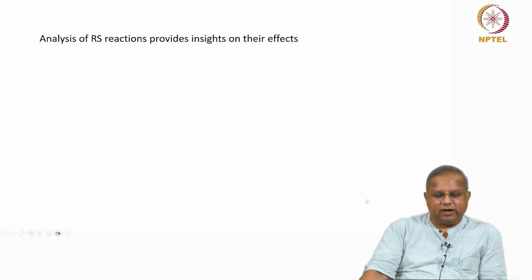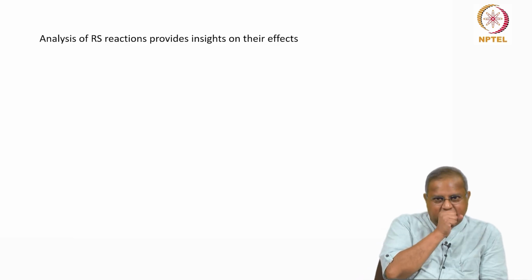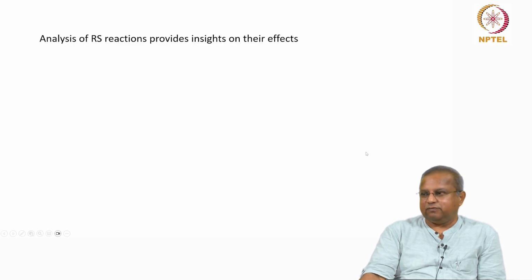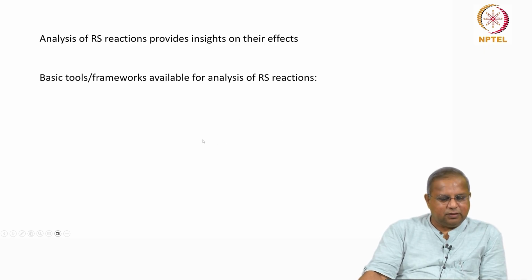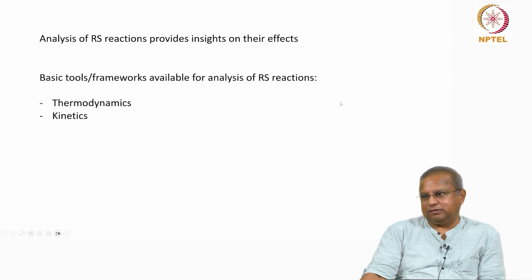Analysis of reactive species reactions provides insights on their effects, how fast and how vigorous they are and so on. The basic tools and frameworks available for analysis of reactive species reactions are well known. One is thermodynamics and the other one is kinetics.